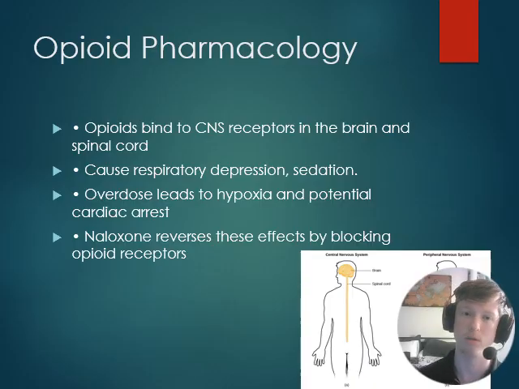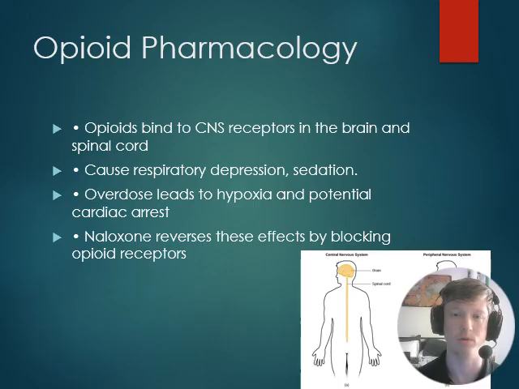I'm probably going to touch on this 5, 6, 7 more times during this presentation. The reason that we as EMS are giving naloxone to people who have overdosed is not to strip their high away from them. The reason that we give Narcan to people who have overdosed is to reverse respiratory depression. That's something I really try and hit home. A lot of people just assume that we give it just because they took narcotics.